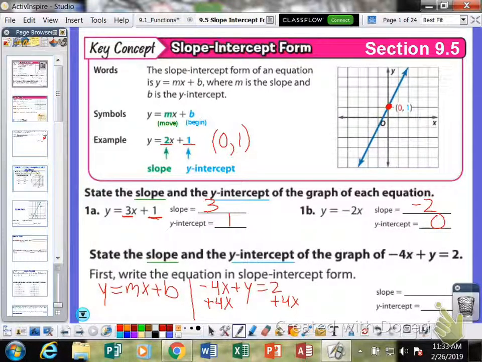I can't add 2 and 4x because they are not like terms, so I would just rewrite it as y equals 4x plus 2. Okay, so now my equation is in my slope-intercept form. So my slope here would be 4, and my y-intercept would be 2. And I'm done.